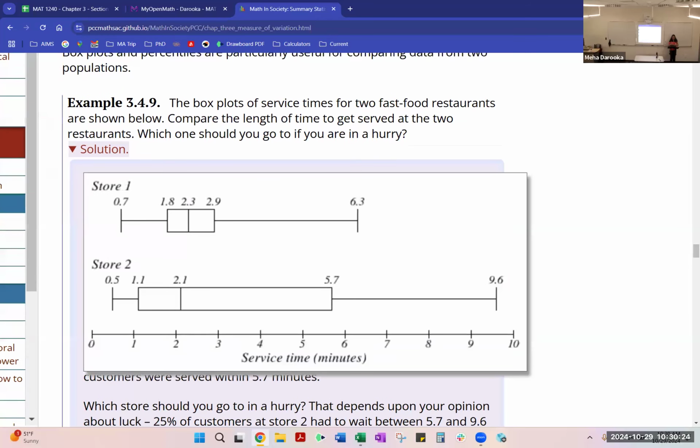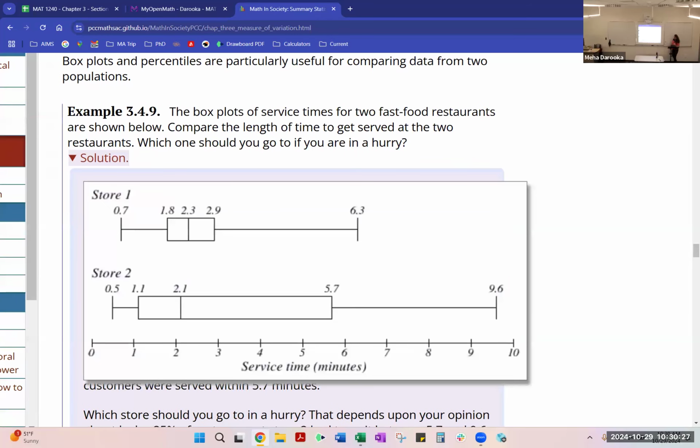All right, let's click on the graph first. You can see store 1. Did they tell us what the time is? Is it minutes? Yeah, right there at the bottom, service time is in minutes. So store 1 goes from 0.7 to a maximum of 6.3 minutes.